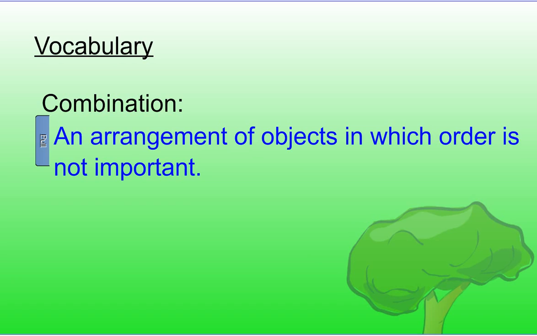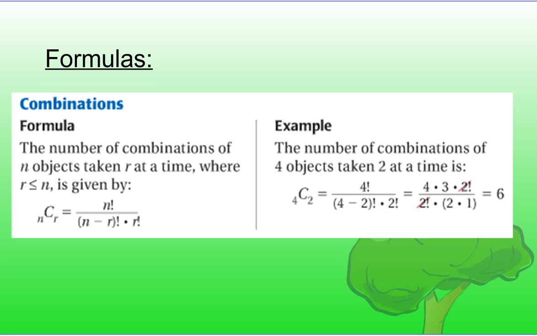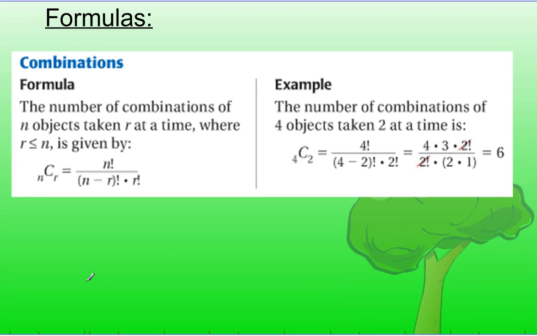Now, the formula here is similar to a permutation. If you remember that formula for permutation, if I had 3 permute 2, it was 3 factorial over 3 minus 2 factorial.